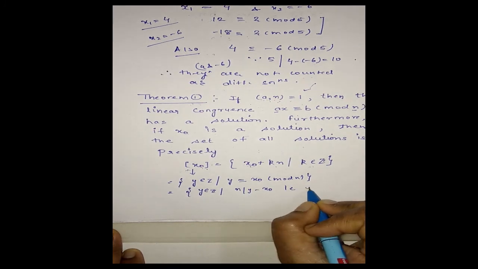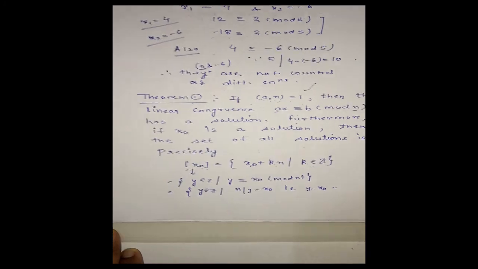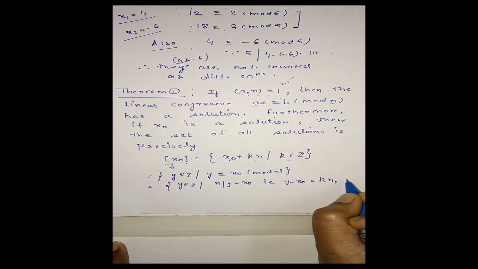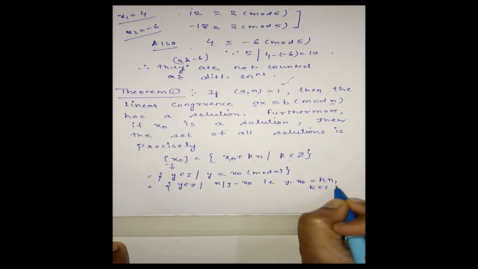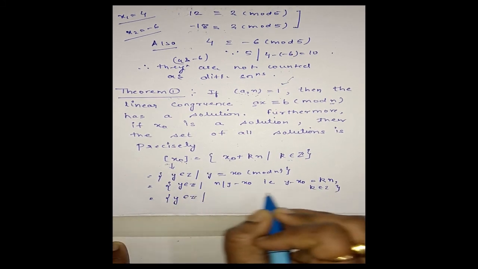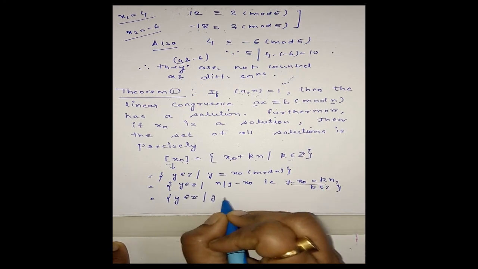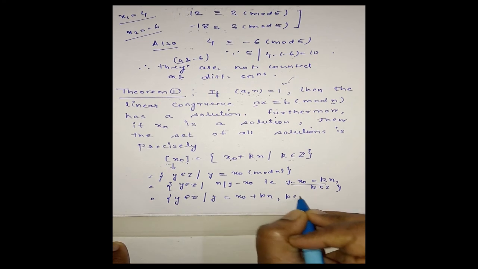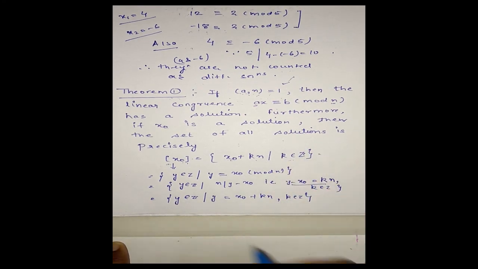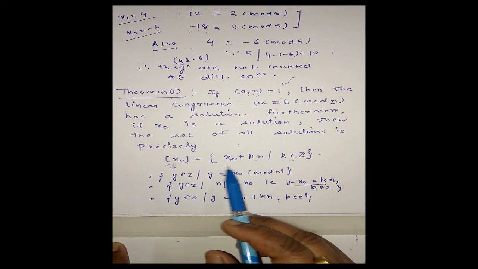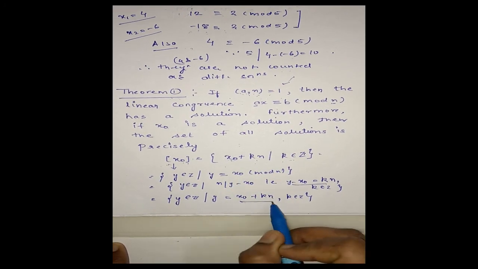That is, y minus x0 is equal to kn for some k belonging to Z. That is, all those y belonging to Z such that y is equal to x0 plus kn, where k belongs to Z. Hence this set. Okay. That means this set is given by x0 plus kn.